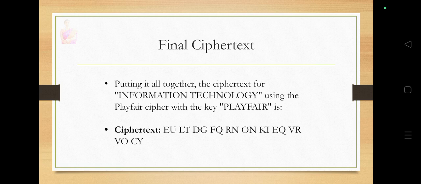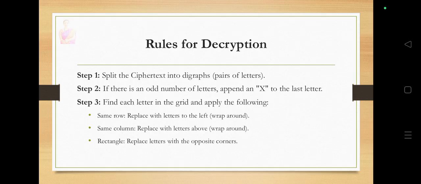So we have done encryption for the plain text information technology. That is, we have the meaningful text as the question, information technology, and we have converted it into the cipher text, which is meaningless text, actually unreadable by a human being. Is it clear?